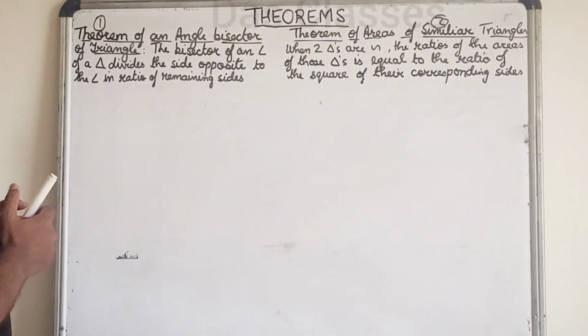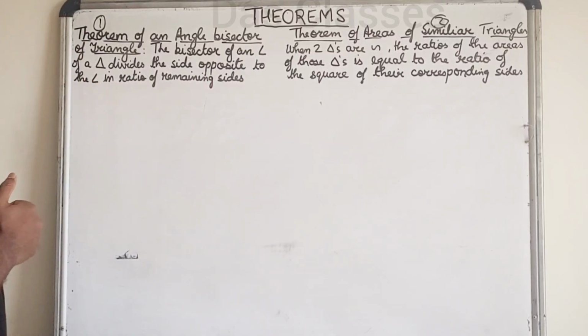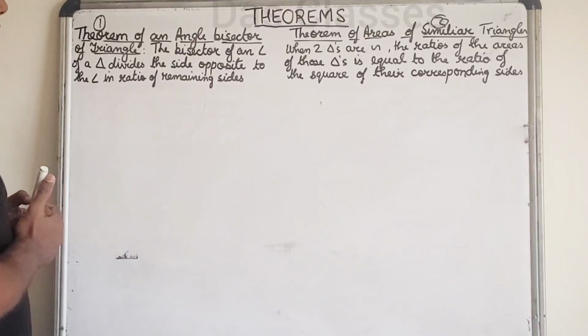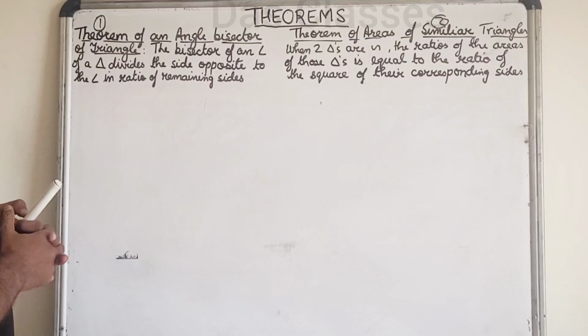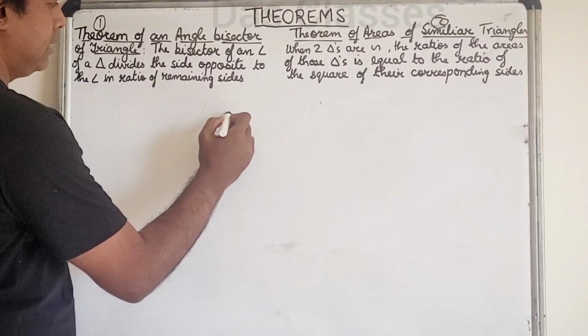In the exam they will either ask you to prove the theorem on the angle bisector of a triangle, or mostly they give you the statement, and understanding the statement you have to write the given and then prove the theorem. So what is given?